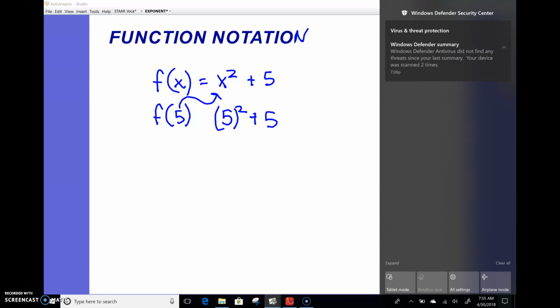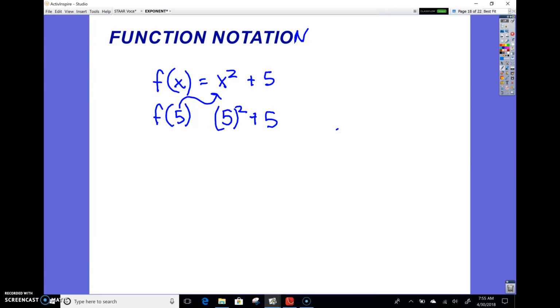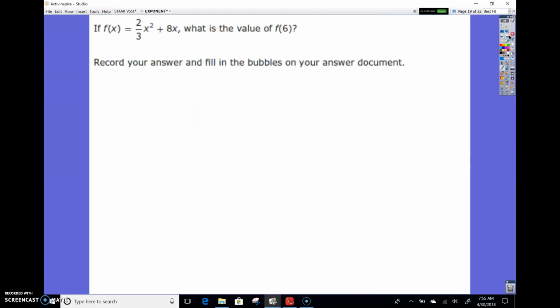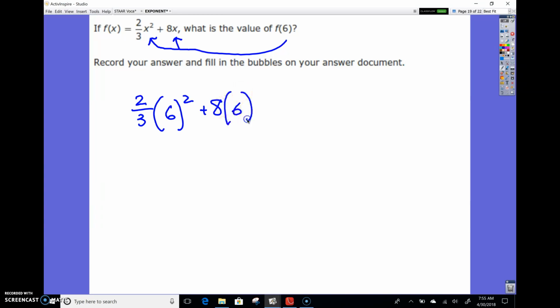So for example, number 1, I'm substituting x for both of them. 2/3 times 6 squared plus 8 times 6.